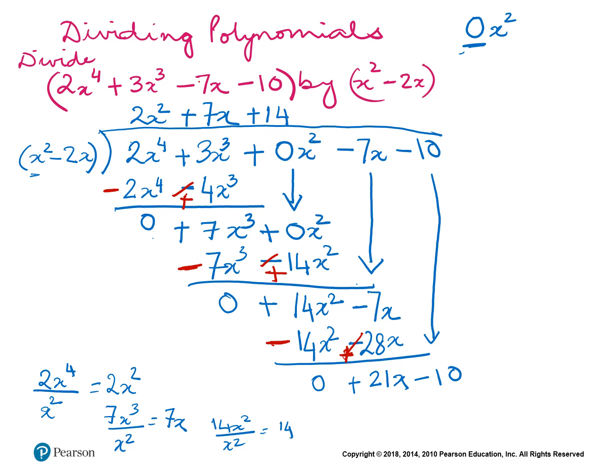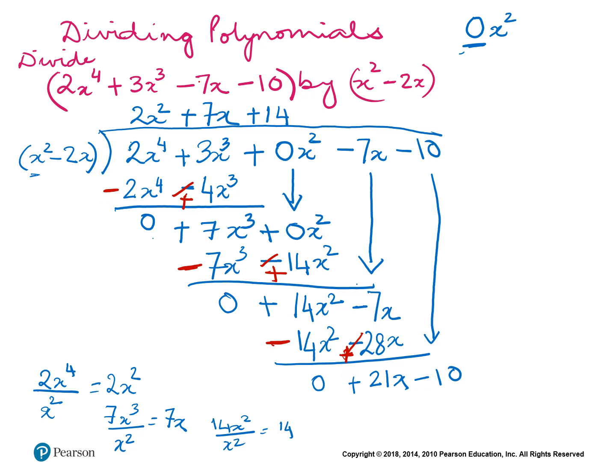Now at this point, we see that the exponent in the dividend at this level is less than the exponent in the divisor. And when you get to a point where the exponent in the dividend is less than the one in the divisor, you can stop.